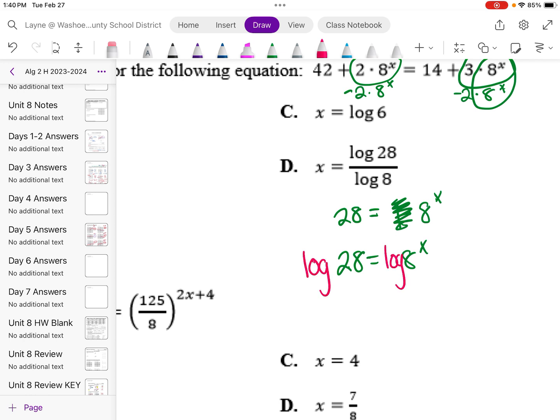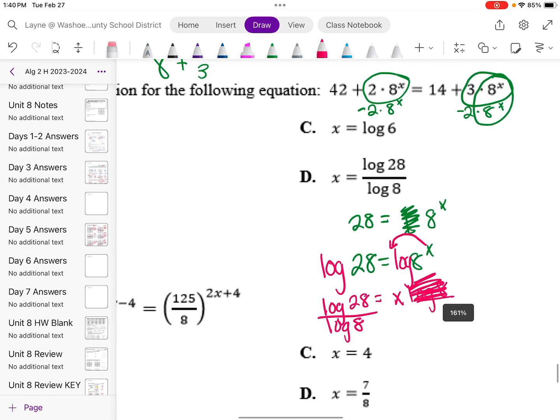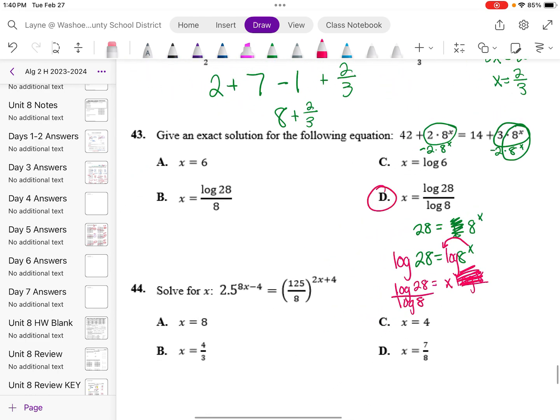So I just log both sides. The whole point of doing that was so that I can move x in the front. So this will now be log of 28 equals x log 8. Now the final step to solve for x is to divide by log 8. So x should equal log 28 over log 8, which is D.